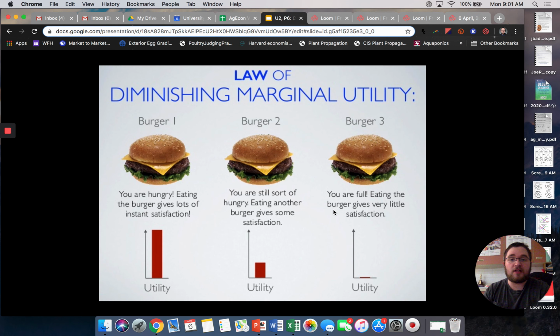We're going to keep chugging along though. Again, this graphic kind of summarizes the law of diminishing marginal utility. That first burger, you're hungry, you eat that burger, you get instant satisfaction. The second burger, you're still kind of hungry. You get some satisfaction, but that third burger, you just can't do it. You don't get very much satisfaction, if any.